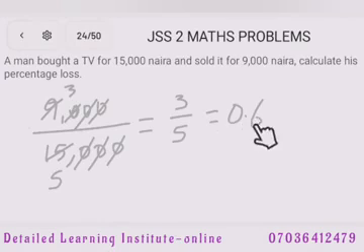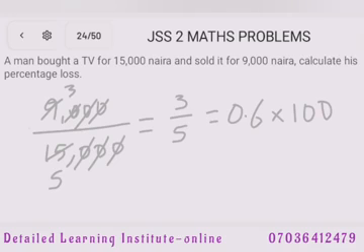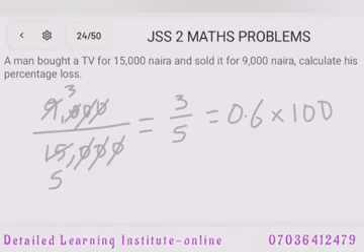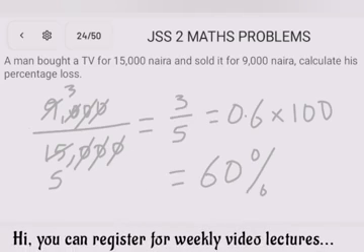When we compare the selling price to the price which he used for buying that TV set, multiplying by 100 gave us 60%.